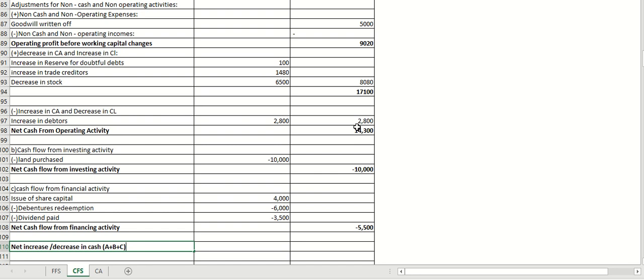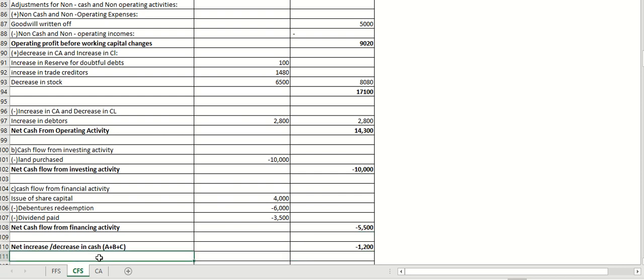So operating activities 14,300 minus 10,000 minus 5,500. So your resultant figure is minus 1,200.